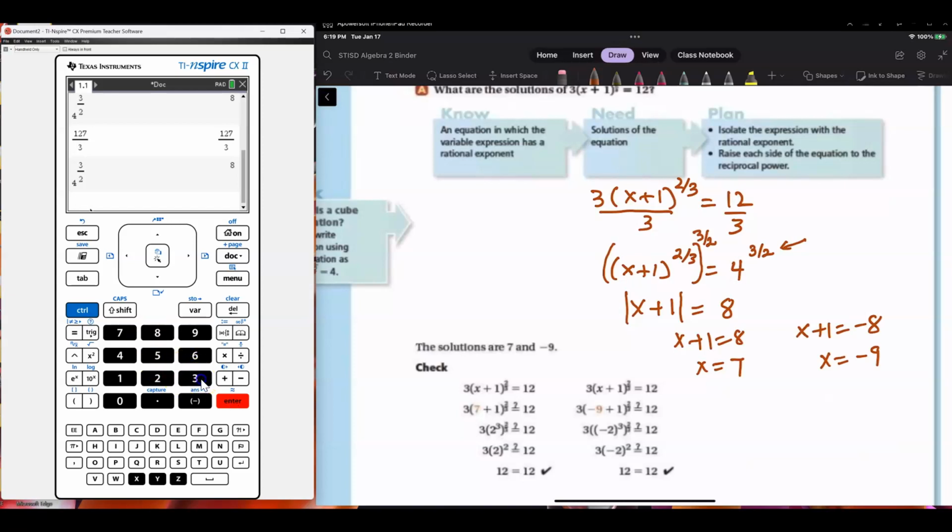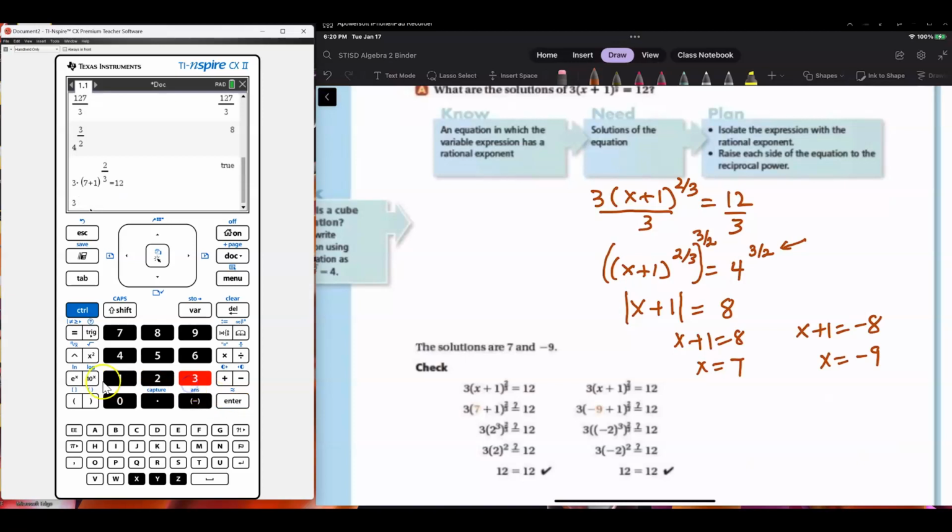So you have 3 parentheses. In this case, x is going to be 7 plus 1. And you're going to raise that to the power 2/3. And just like we did before, we're going to use equals 12. And you notice that's a true statement.